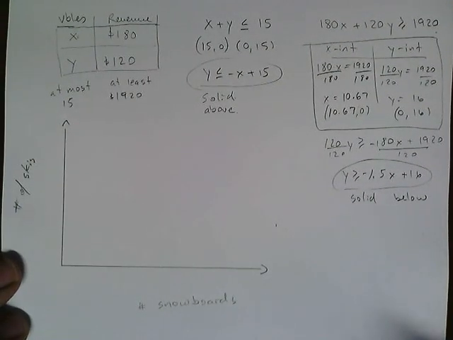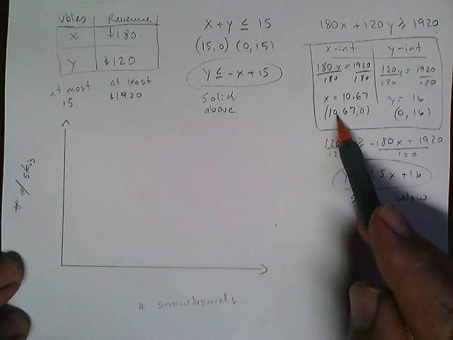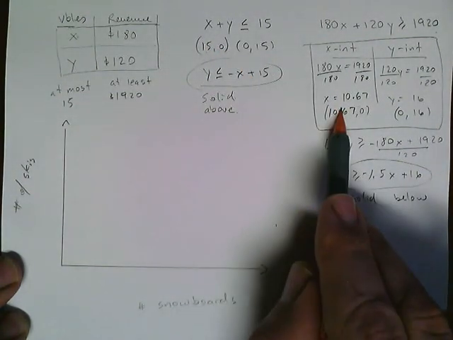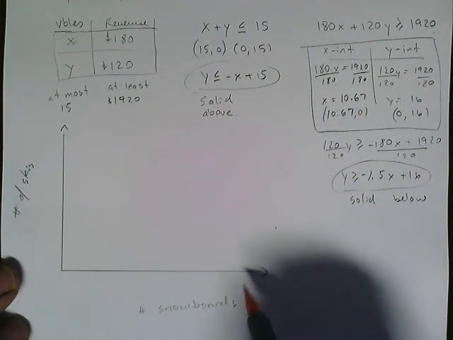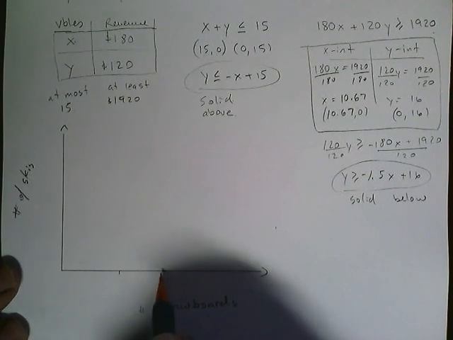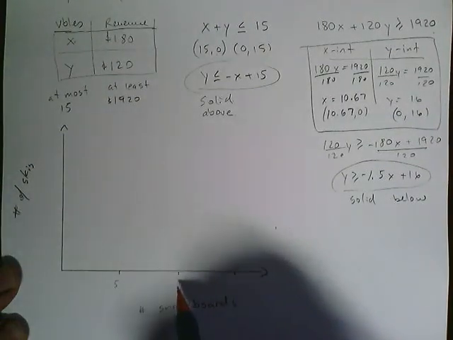Okay, label that. Let's come up with a good scale. So for my x, I need to get to 15. That will take care of both of these x-intercepts. So let's see if I make it nice and big. So 5, 10, 15. That'll work.